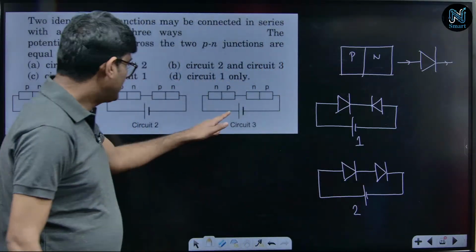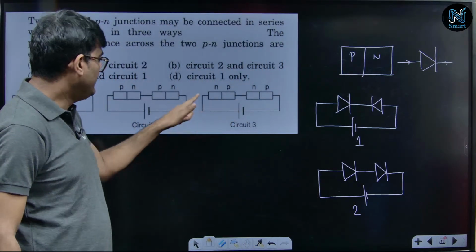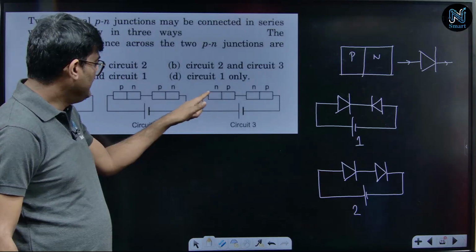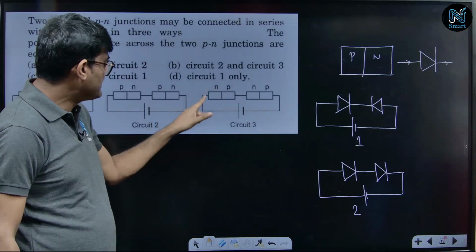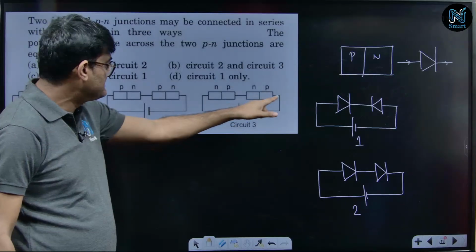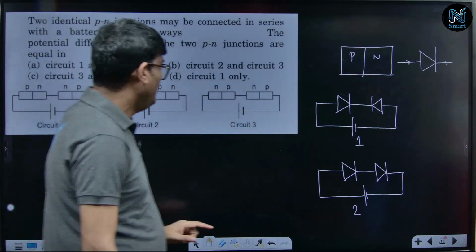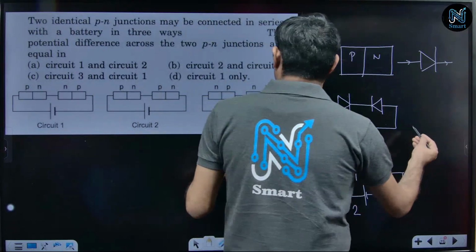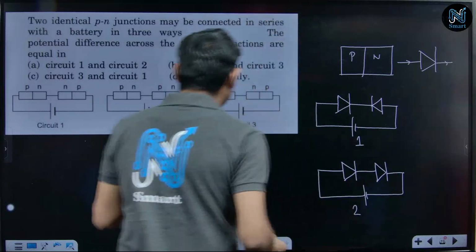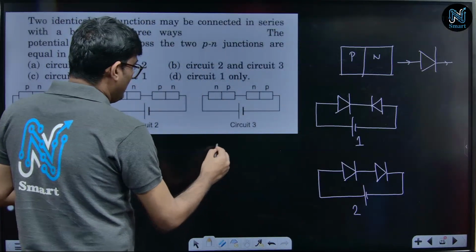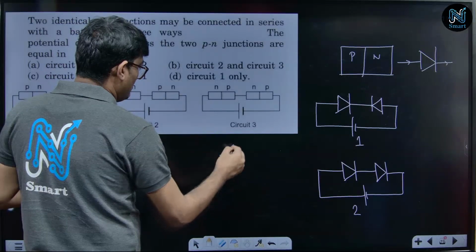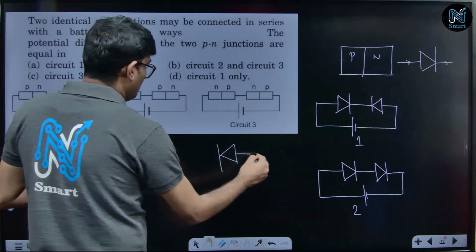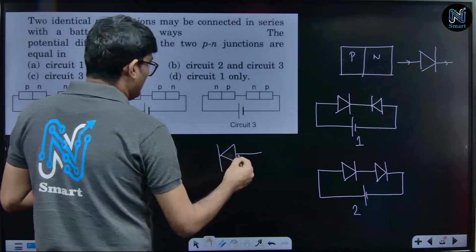Whereas in circuit 3, the N side is connected with the positive terminal, P side is connected with the negative terminal. So, circuit 3 is again a reverse bias condition. Right?